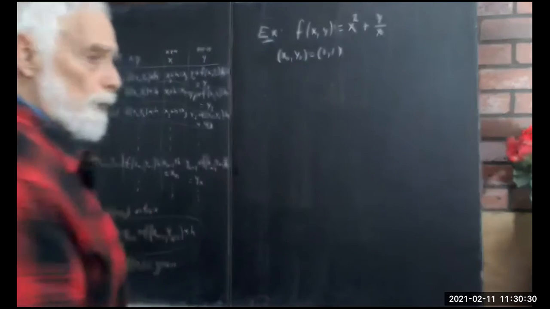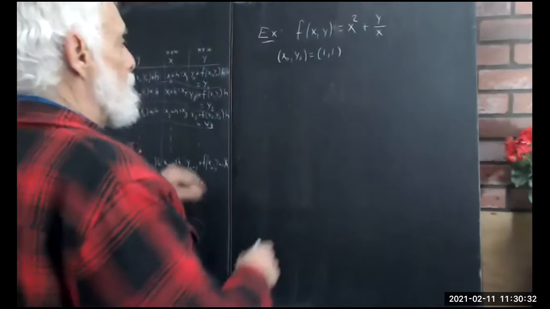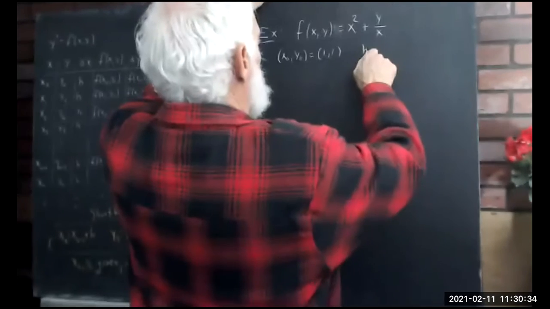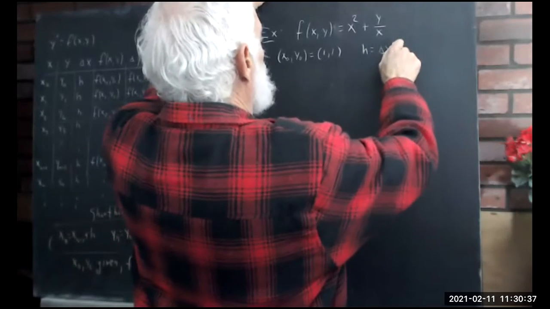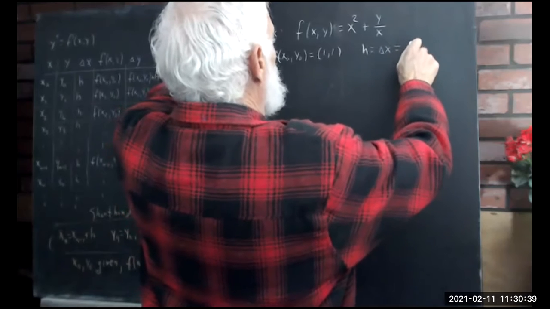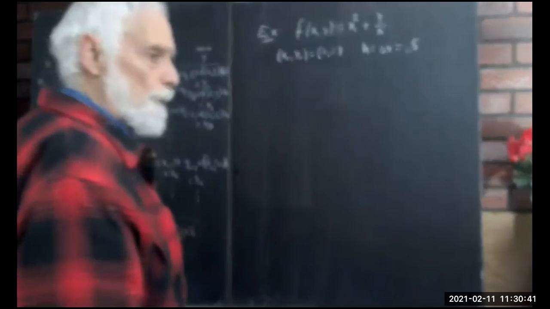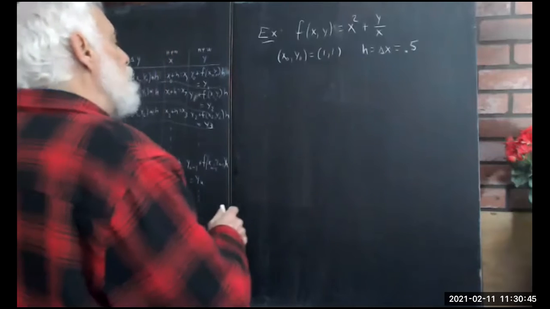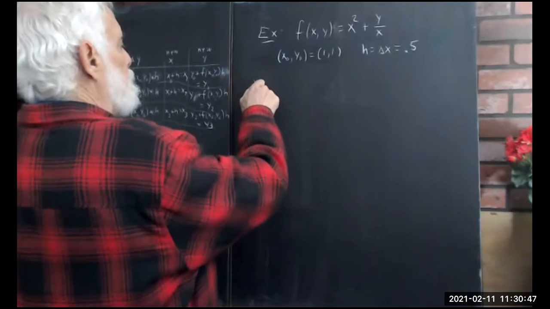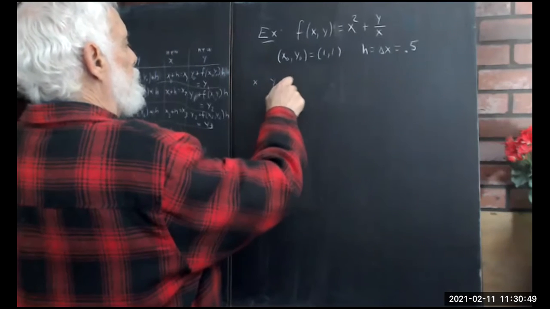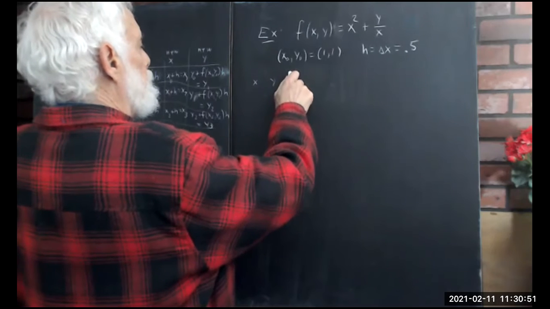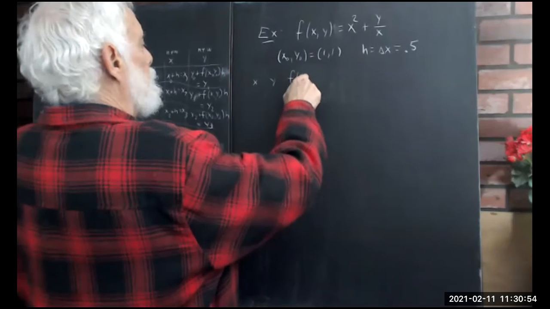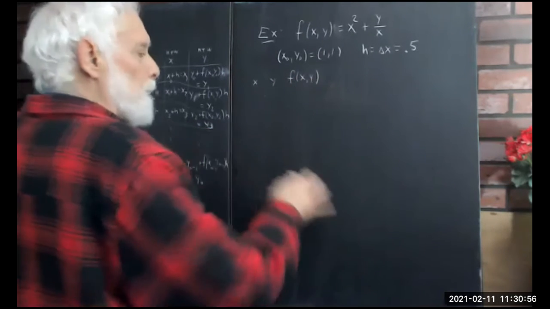Let's let x naught, y naught equal to (1, 1), and h, or delta x, whichever you want to call it, equals 0.5. So I'm going to abbreviate the table a little bit.